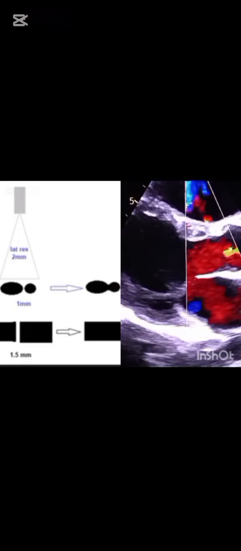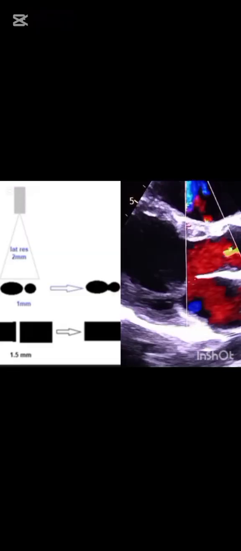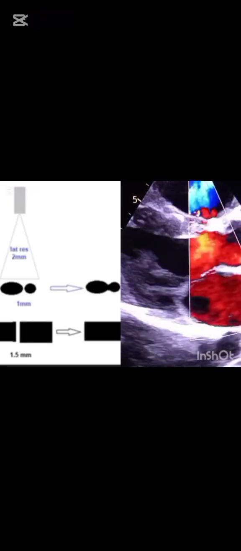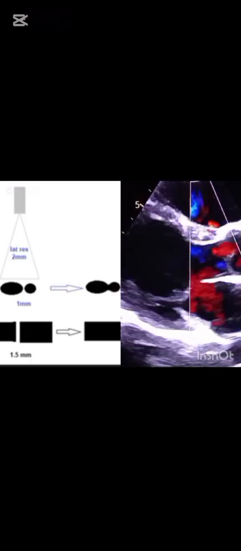Because the lateral resolution is 2 mm and the defect is 1.5 mm, it is easy to go to axial resolution, where we can see the structure better. Here we see almost a contact structure, not separate, and only see it by the color flow.